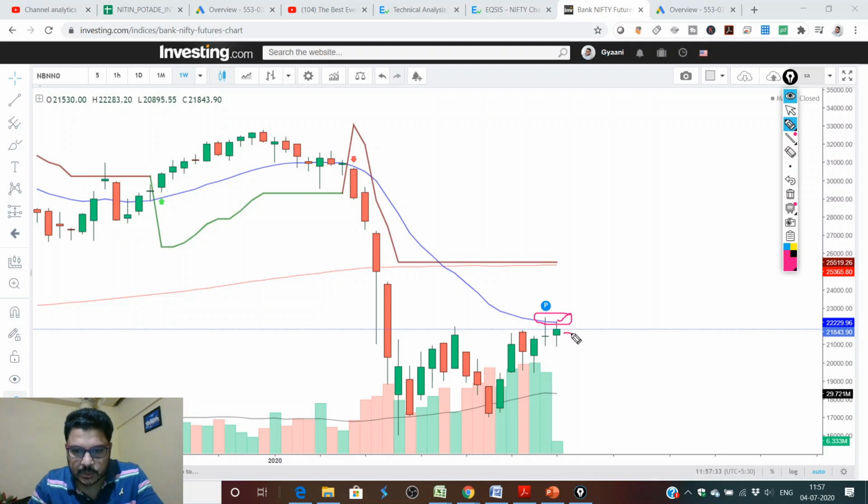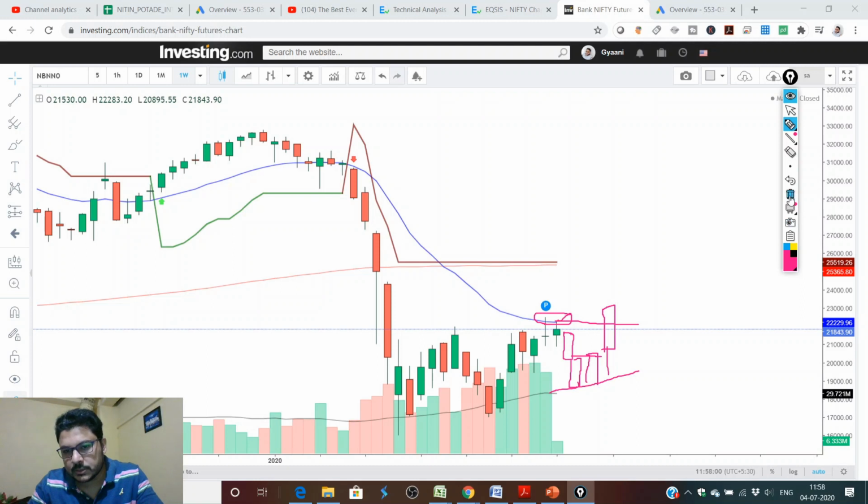I'm expecting maybe next week the candle can open here and it can form a candle like this and then come down, take a support on this, and then form a rally, take this high out, and then take this high out like this.